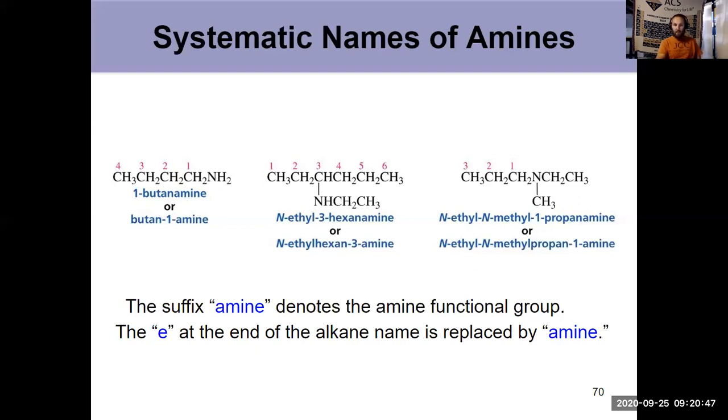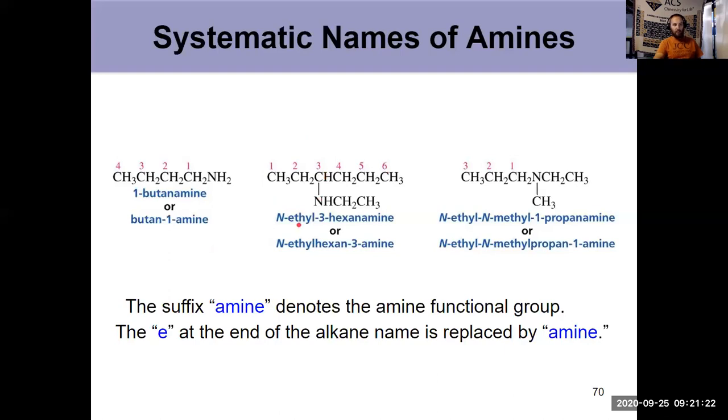What is new on this slide is that any alkyl group that's attached to nitrogen, different from the parent hydrocarbon, because the parent hydrocarbon is included in the main name, but if you have other alkyl groups branching off of the nitrogen itself, we precede it not with a number, but with N. So if we look at this middle molecule, what's my parent hydrocarbon? 6 carbons, so it's hexane, becomes hexanamine. 3-hexanamine tells me that the nitrogen's coming off of the 3 position.